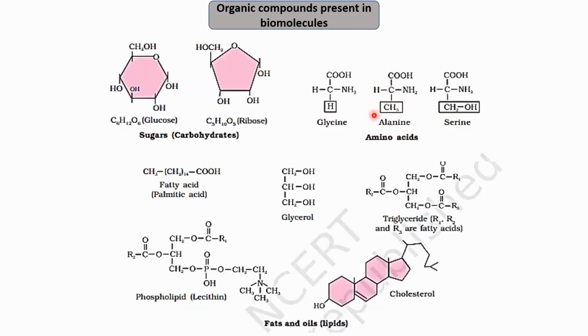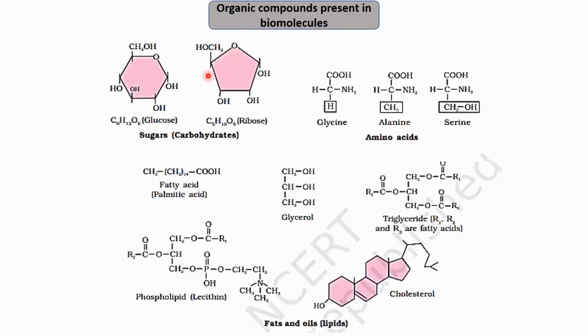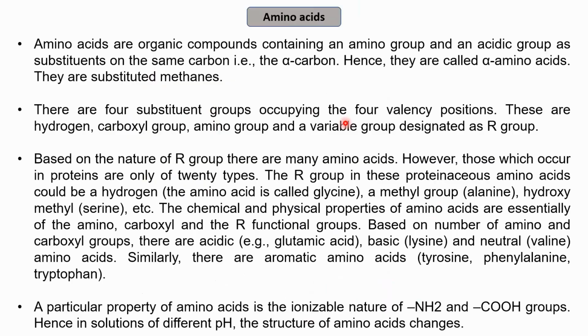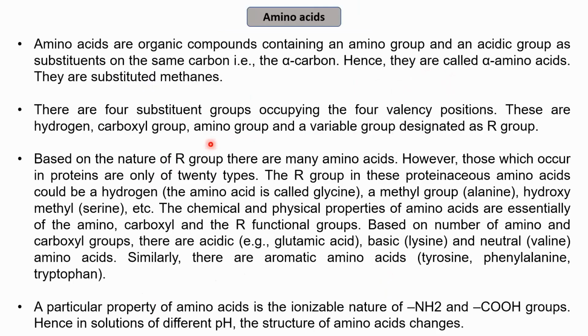We can see in all the amino acids, we have an amino group and an acidic group attached on the same carbon. This carbon is known as the alpha carbon. Hence they are called alpha amino acids, and they are nothing but substituted methanes.